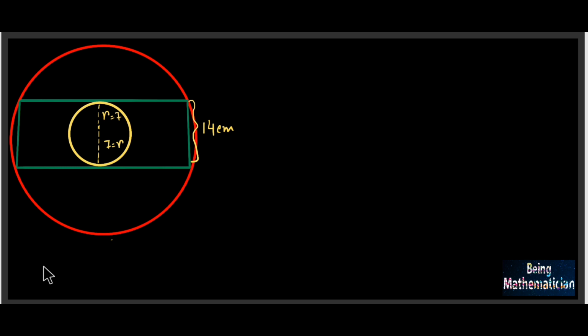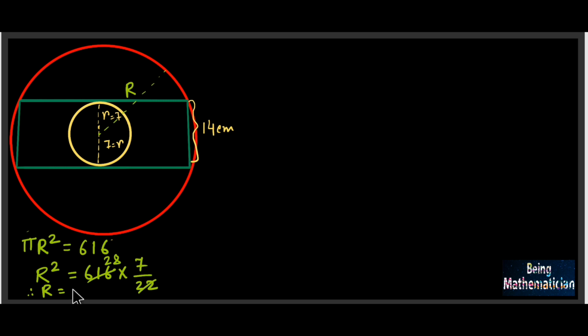Now the area of the bigger circle is given, that is 616 centimeter square. So let the radius of the bigger circle be capital R. So we can write pi r square is equal to 616. Now let's calculate 616 into 7 by 22. So now it must be 28. So r is equal to 14 centimeter.